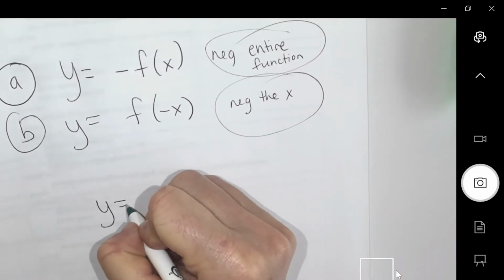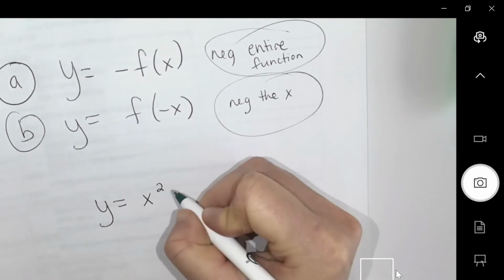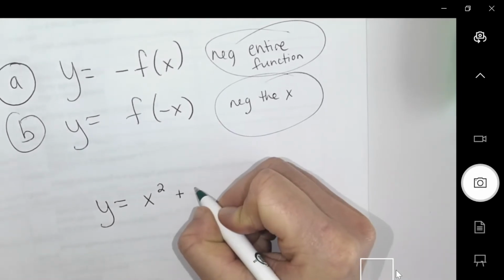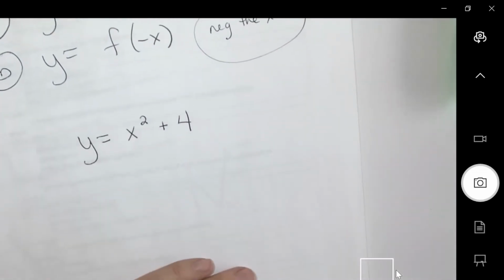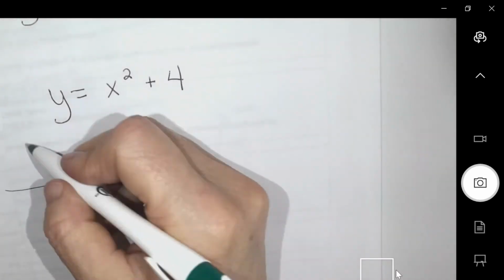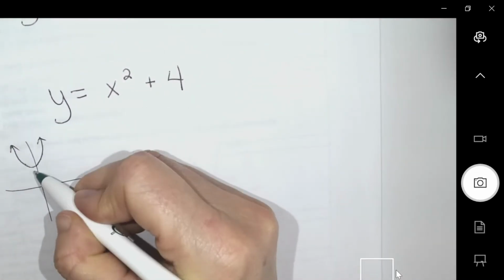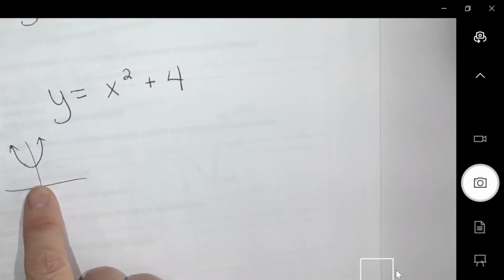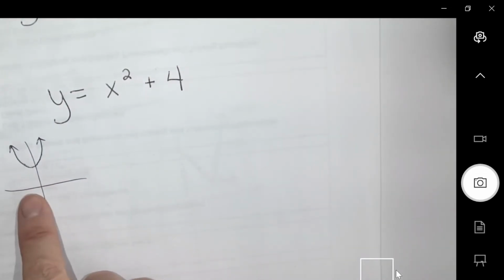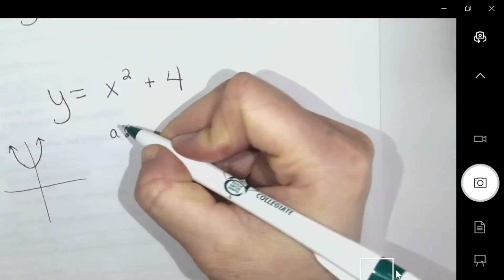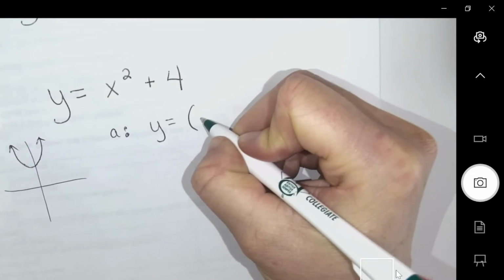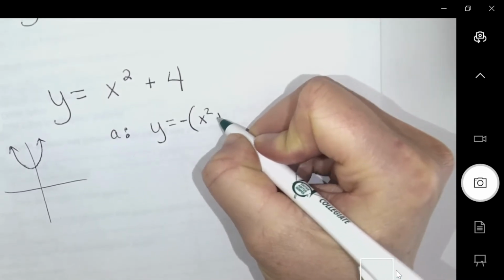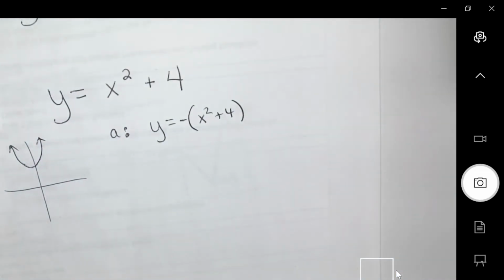So, if I have a function that is this, do you guys know what that looks like? It's a parabola. That's what it is. It's a parabola. It's shifted up 4. Okay? If I wanted to do an A, I would have to negate the whole function.